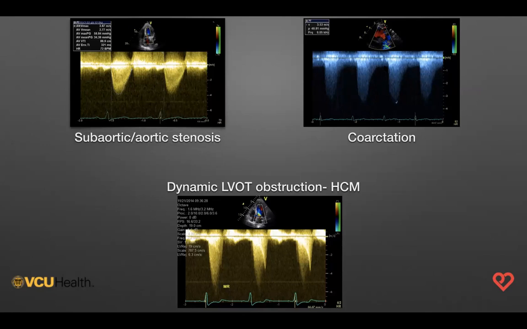That's how you know it's a coarctation obstruction. For dynamic LV outflow tract obstruction, you're going to have this dagger flow that you see here. In this case, you also have the mitral regurgitation that occurs with the obstruction. So this is dynamic LV outflow tract obstruction that is typically seen in hypertrophic cardiomyopathy.